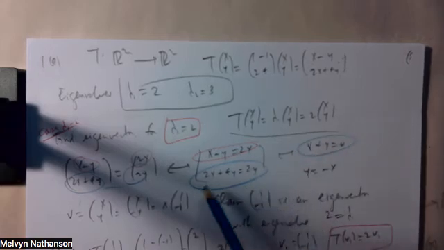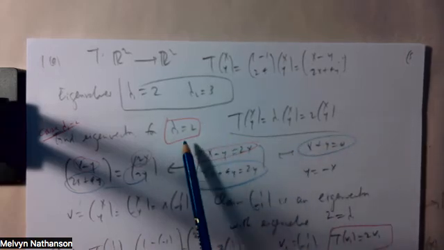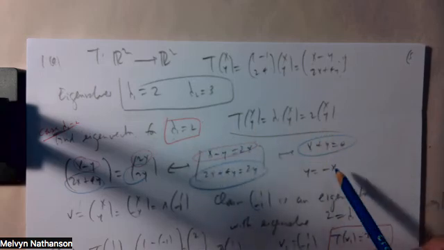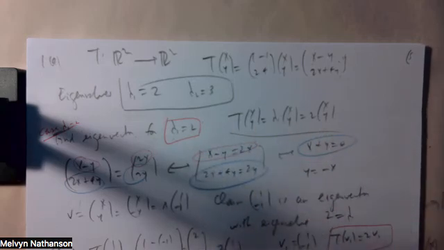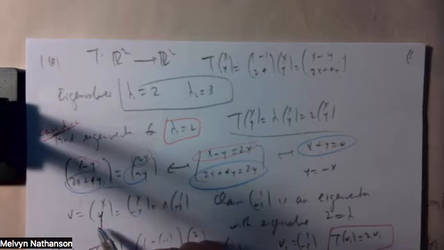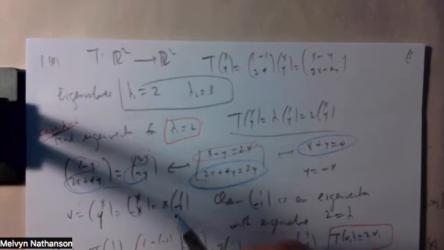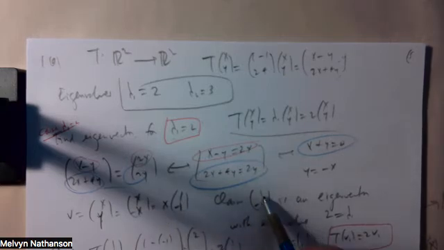So if you're going to have an eigenvector for lambda 1 equal to 2, for that eigenvalue, y has to equal minus x. So your eigenvector must be, if it's (x, y), but y is minus x, it's really (x, minus x), which is x times (1, minus 1). So any eigenvector must be a scalar multiple of (1, minus 1).